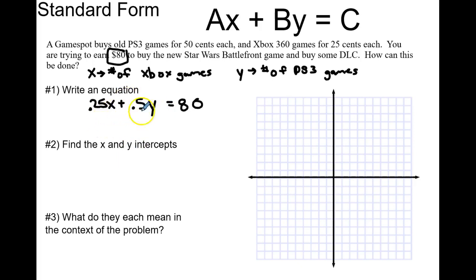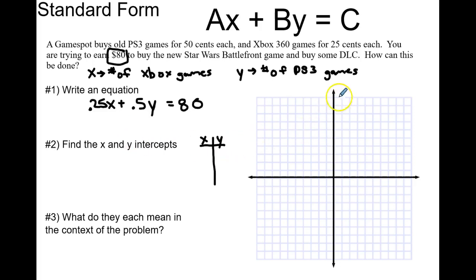So there's a bunch of different solutions to this equation. They would be XY pairs. You can graph this equation by just finding two of them, and I'll show you the easiest two to find. The simplest way is to find the X and Y intercepts.